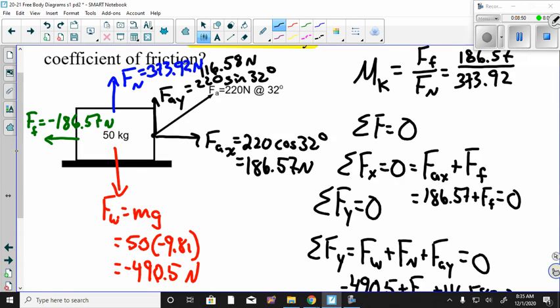So 186.57 divided by the 373.92 gives me a coefficient of friction of, when I round it off, 0.50. It's 0.4989, so round it off to 0.50. That's the coefficient of friction.